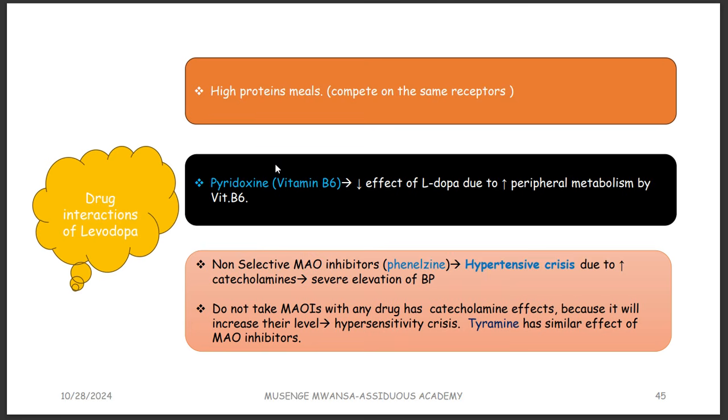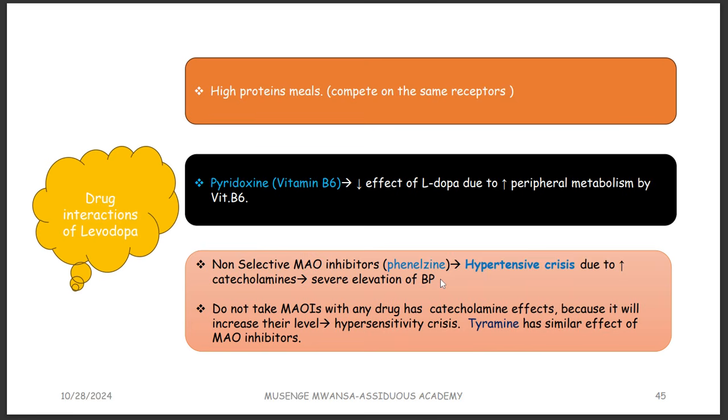And then when it comes to vitamin B6, pyridoxine, it will reduce the effect of L-dopa due to increased peripheral metabolism, because vitamin B6 will actually be breaking down the L-dopa. And then you also have non-selective MAO inhibitors.